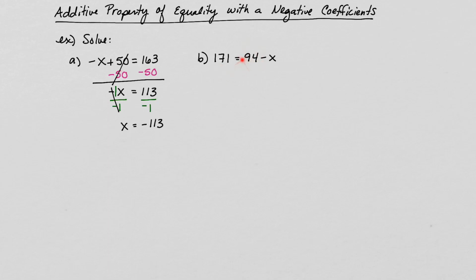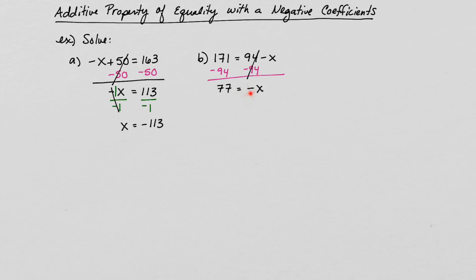Notice it's a positive 94, which means I'm going to subtract 94 from both sides of the equation. On the right-hand side, it's going to go away. I still have that negative with my x, so be sure to keep that negative. I didn't do anything to get rid of that negative yet. And then 171 minus 94 is actually 77.